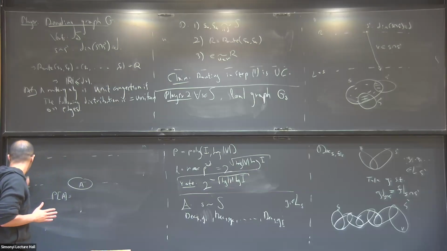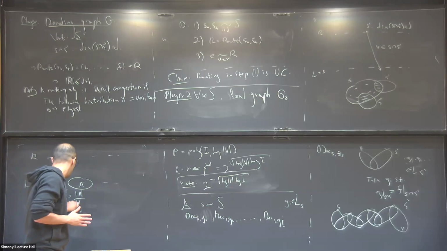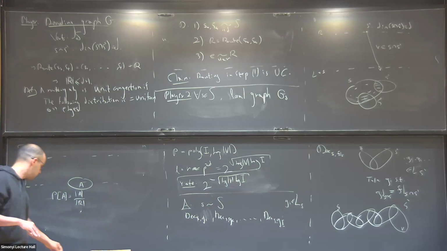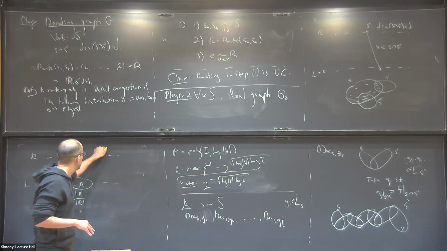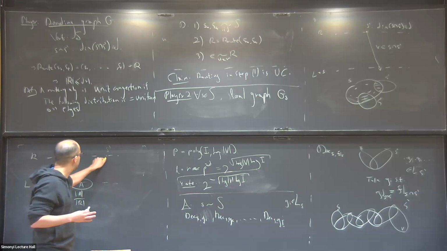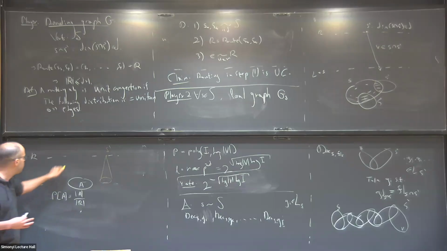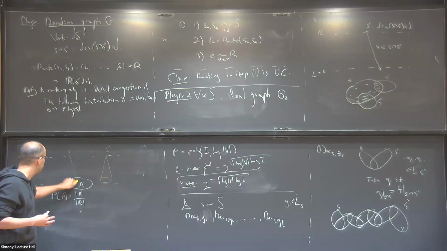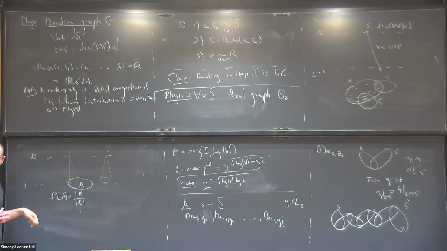This is the relative size of A. But you can also look at the relative size of A with respect to neighborhoods of vertices on the other side. So for example, maybe A has significant size here, maybe 0.1, but it could be that for some S prime here, its neighborhood doesn't see A at all. Or maybe for some S prime prime here, its neighborhood is entirely or almost entirely contained inside A.